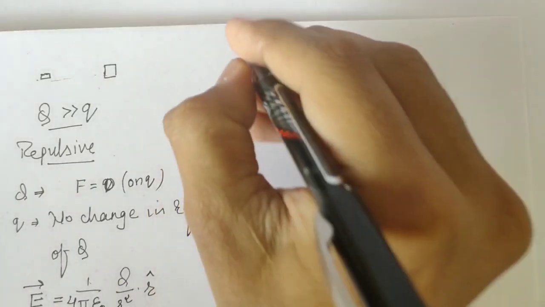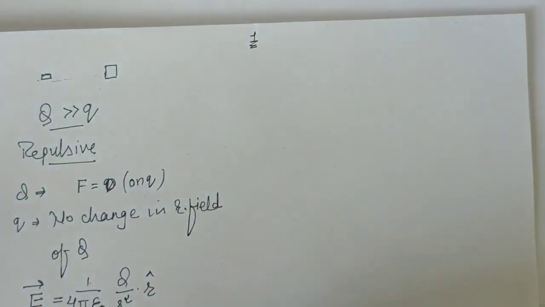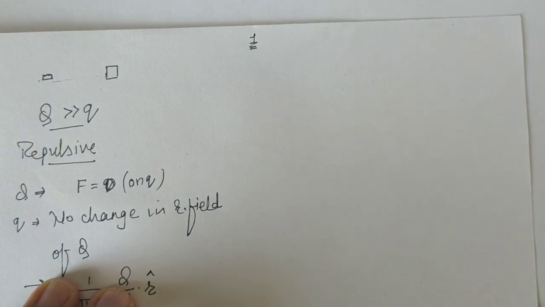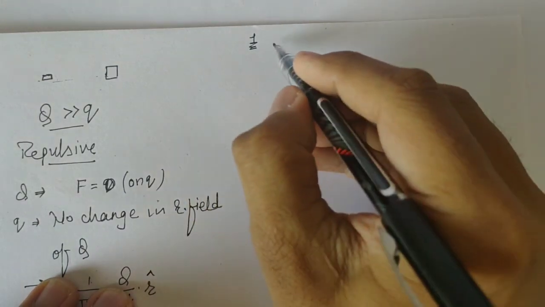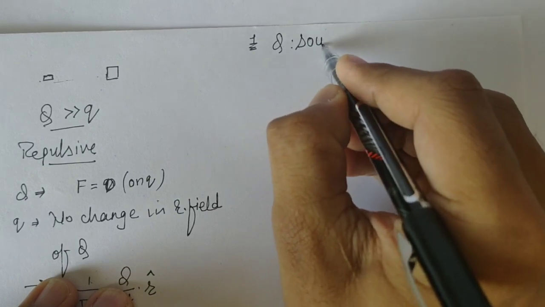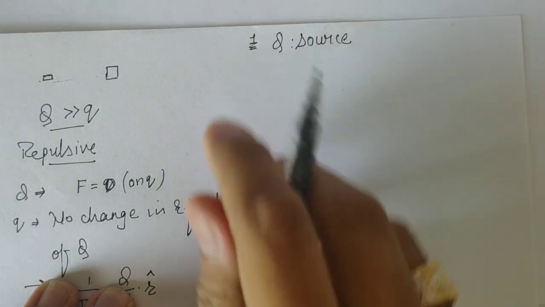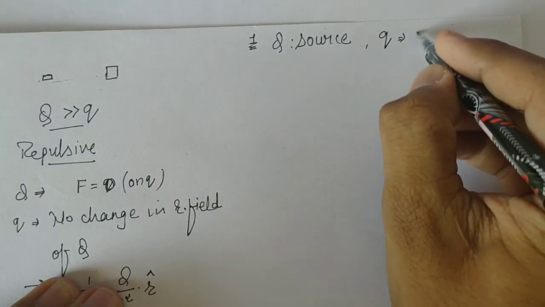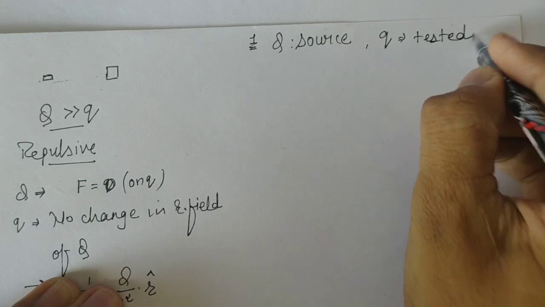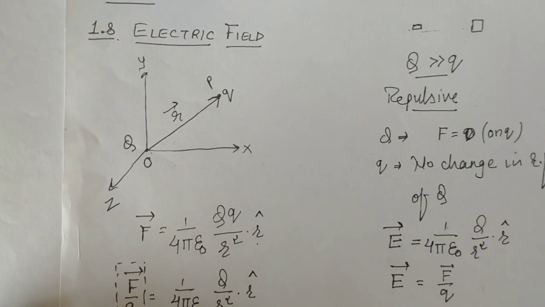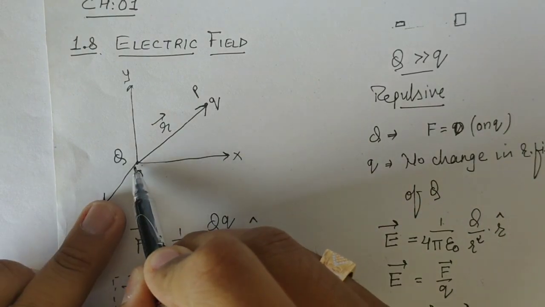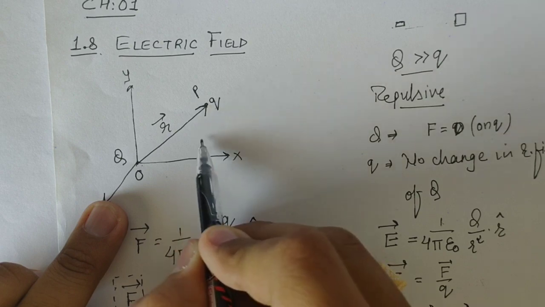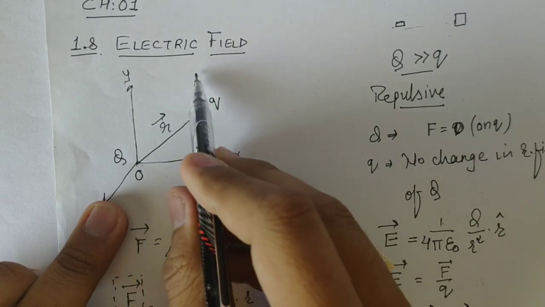Let's consider some points. First point. Here, capital Q is a source charge, meaning a charge which is responsible for creating a field. Small q is the test charge. What is a test charge? Here, capital Q is fixed. Now, we can change the position of small q according to our choice.